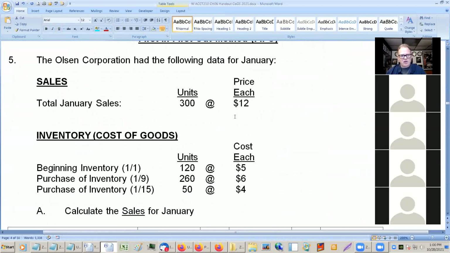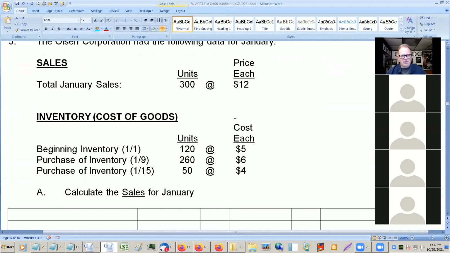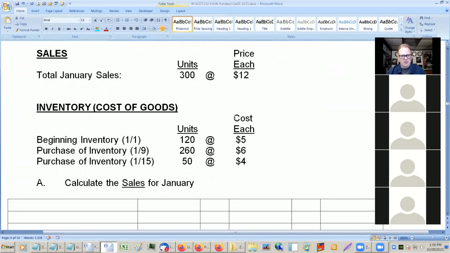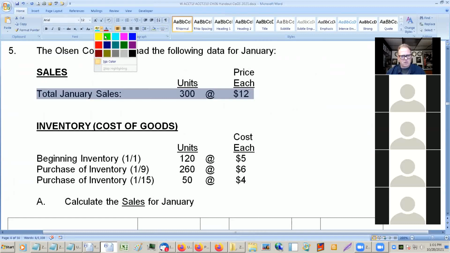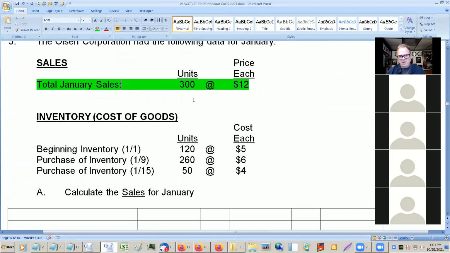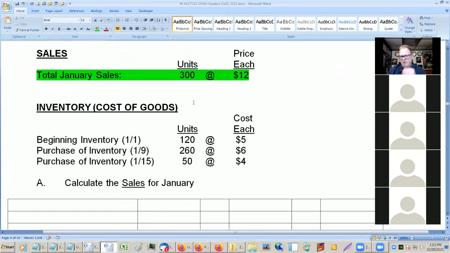Okay, so I think I'll be quiet and see if you can figure out number 5. So these are what were sold. So the sales are easy. Whatever they handed you when they took the goods, that's the sale.